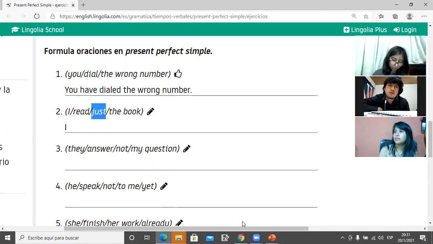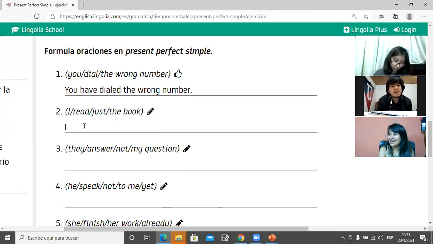What about just? I have the book. Okay. But what happened with just? I have. What is the participle of the verb read?